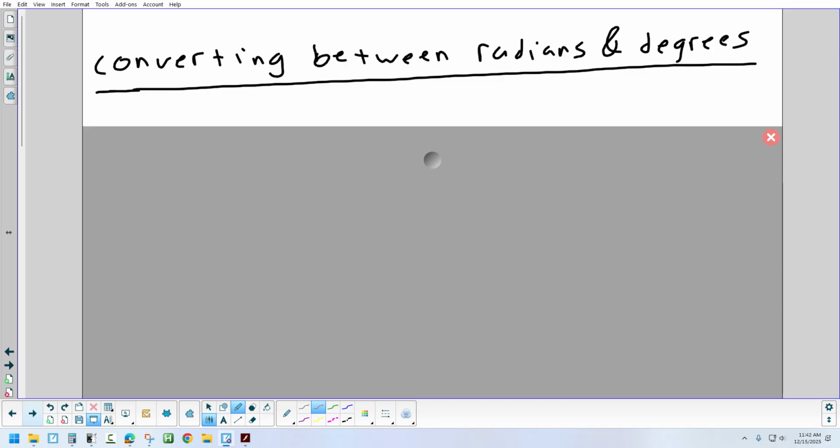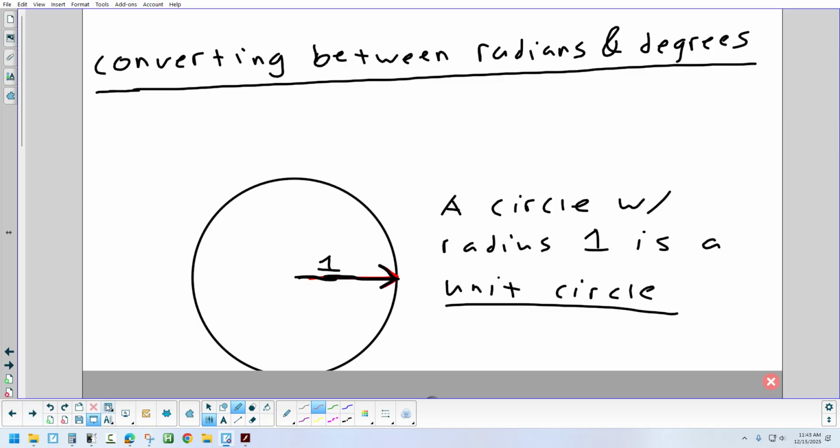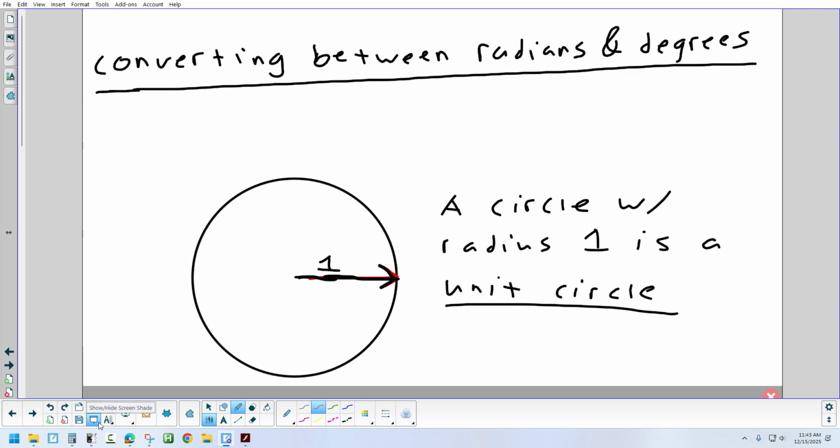All right, so how do we convert between radians and degrees? Well, the way we're going to figure out how to do it is we're going to draw a circle, but it's going to be a special circle. It's going to be what we call a unit circle. A unit circle is a circle where the radius is 1 unit.